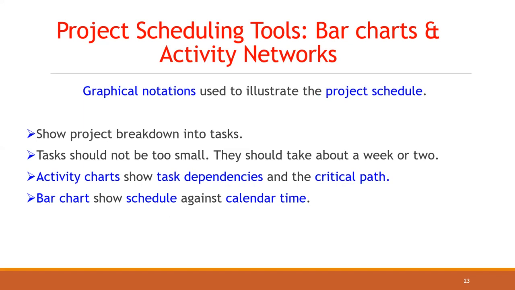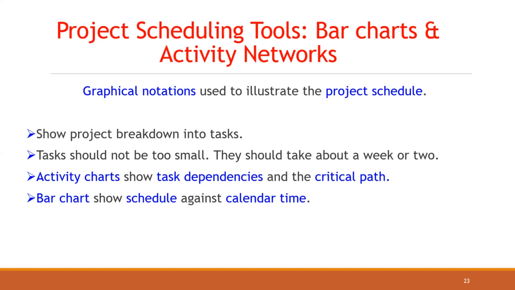Both the Gantt chart and the PERT chart, PERT standing for Program Evaluation and Review Technique, are visual tools that help organize the tasks when building a project schedule. The obvious difference is that PERT is a network diagram, whereas Gantt is a bar chart.